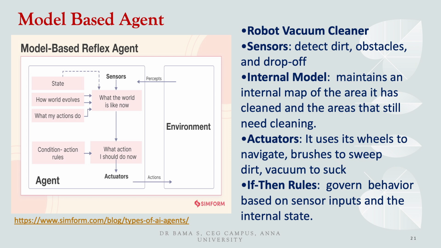If we slightly modify this model based agent with a goal portion, then it is a goal based agent. This is a diagram for the goal based agent, which is very similar to the model based agent, except that below the sensors there is what the world is like now, and below that what it would be like if I do action A. That was missing earlier.